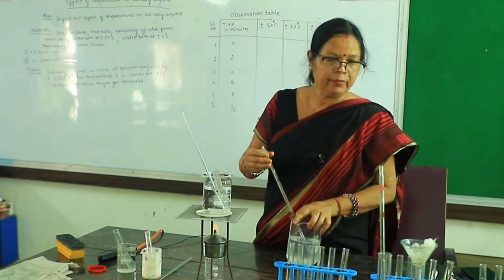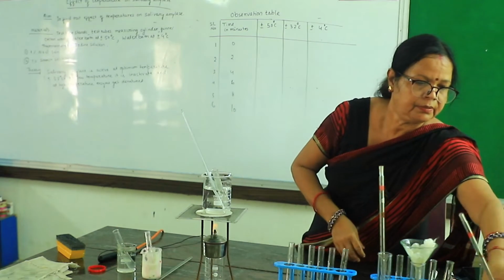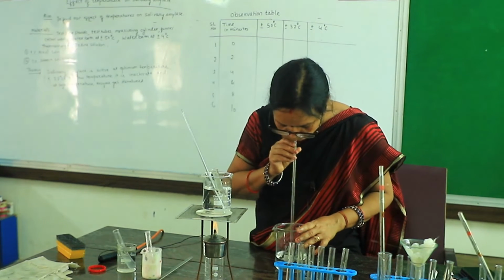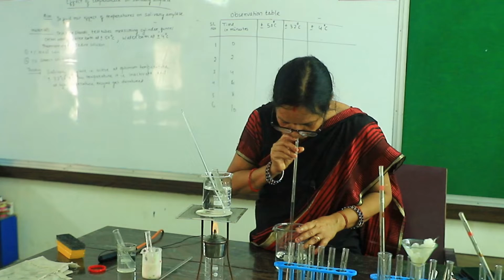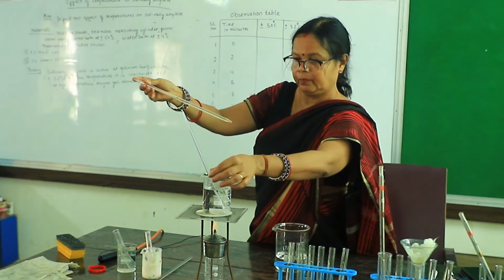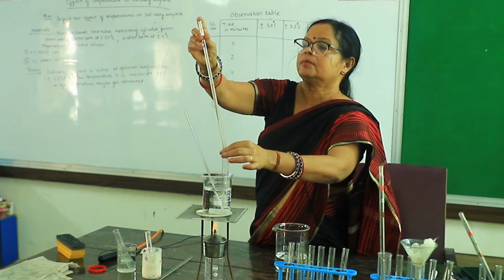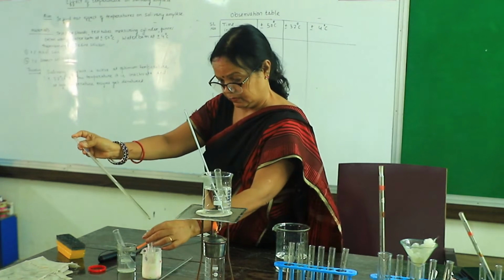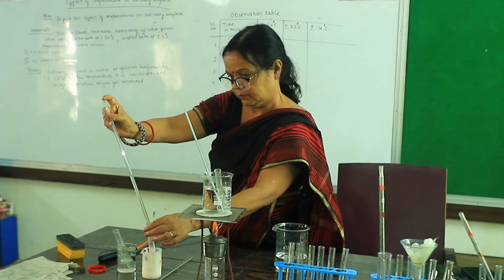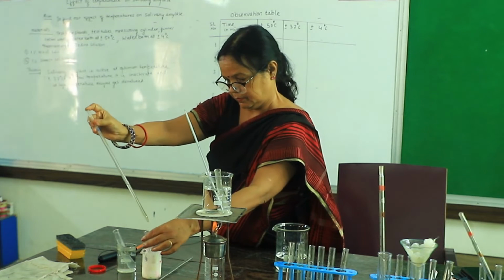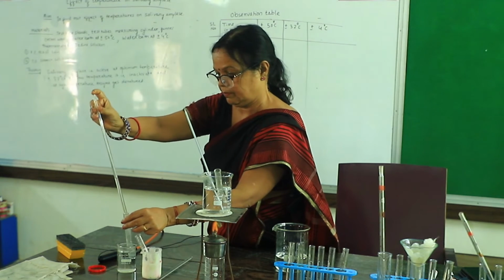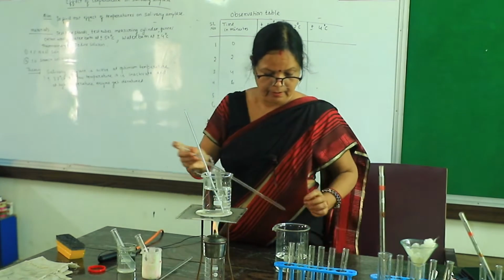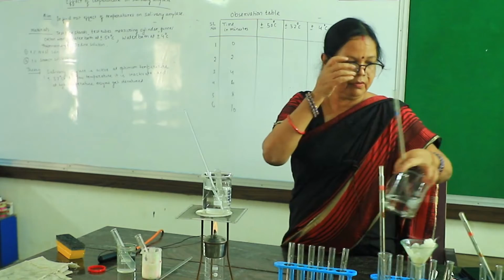Next you have to add 1 ml sodium chloride in each test tube, because sodium chloride activates amylase. This work is over. Now we'll start the experiment.